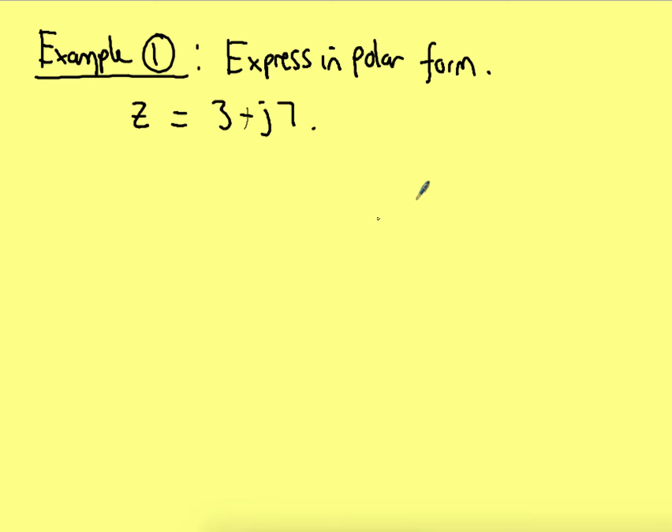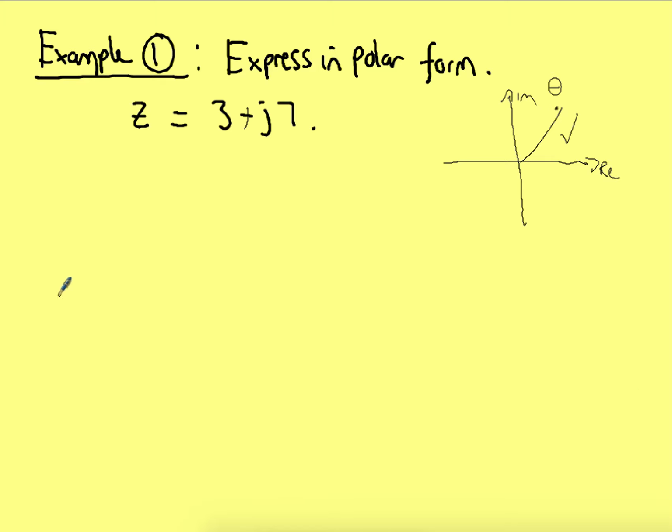Right, here we go. So first thing is you draw a wee rubbish diagram. Now my diagram is going to be awful because the wee thing that I'm drawing this on is rubbish. Right, so it's 3 along the way, so that's that way, and 7 up the way. So my complex number is in there, and for this quadrant I just leave the angle the same, it just stays at theta.